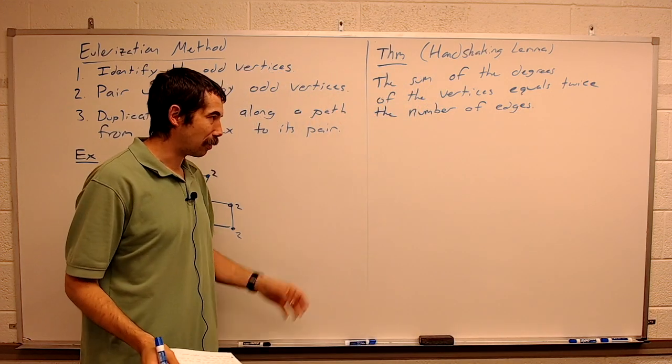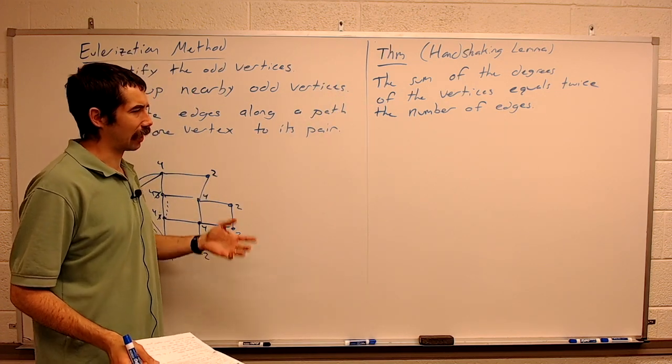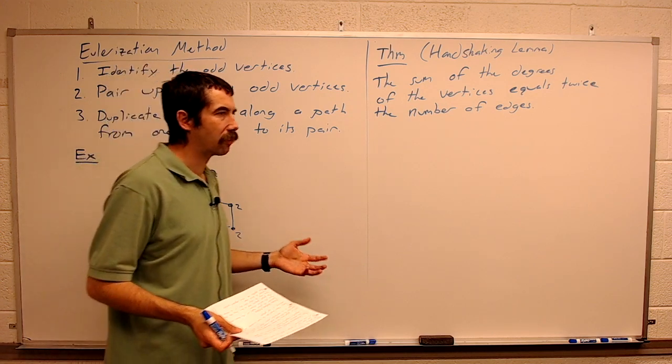Okay, so I know what you're thinking. What does this have to do with handshaking? And also, how does this tell us that there can't be an odd number of odd vertices?